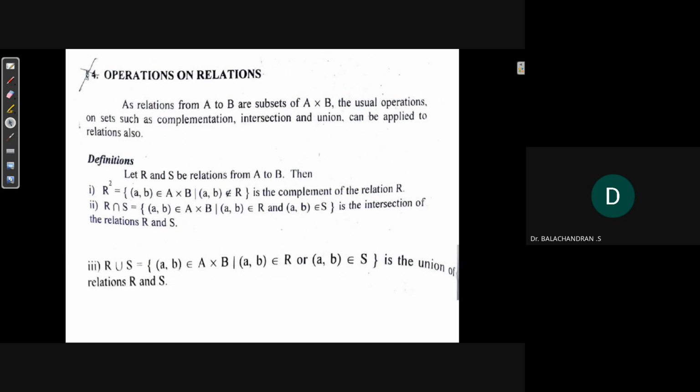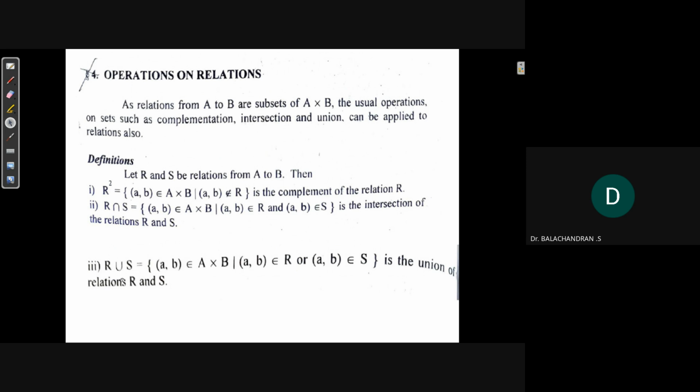Next concept, operations on relations. We are going to discuss intersection, union, and complement. First we will discuss union.